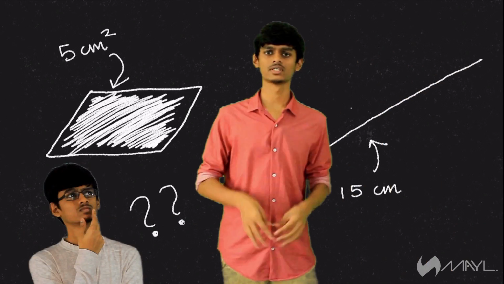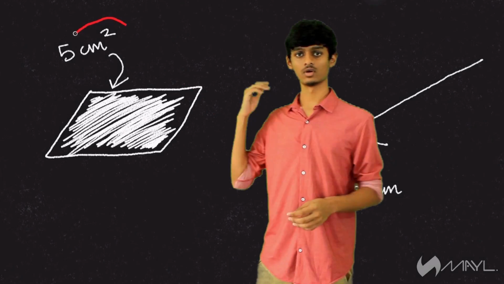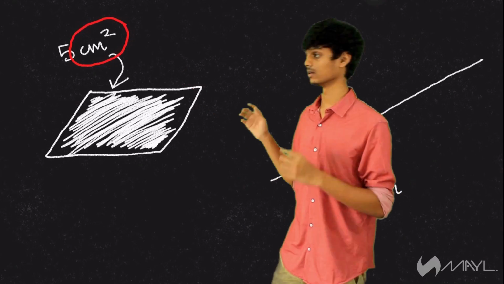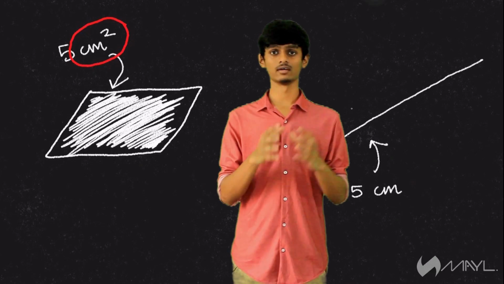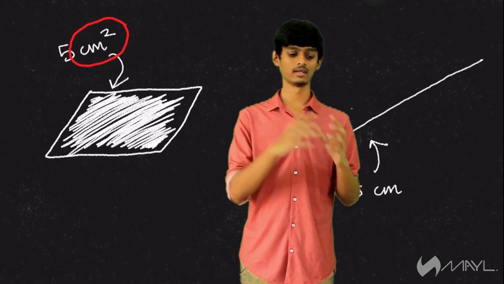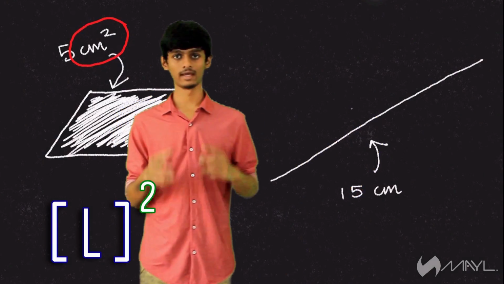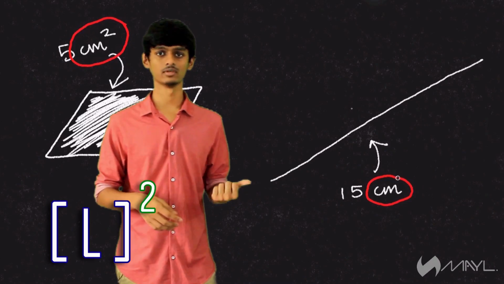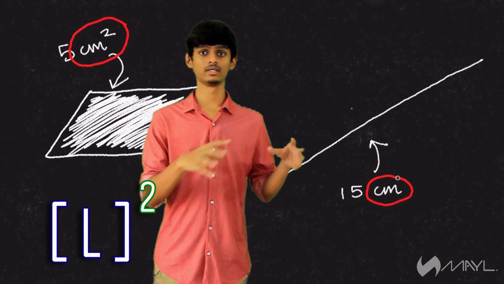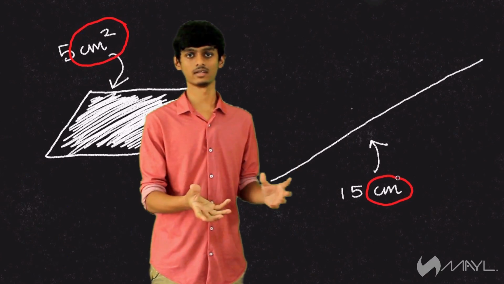So back to the question that I asked in the beginning. The reason it was a wrong question was because on one side of the comparison we had a rectangle of area 5 centimeters square, which means that quantity area had a dimension of length power 2. And on the other side we had a line segment of 15 centimeters, which means that the quantity length had, well, the dimension of length itself.